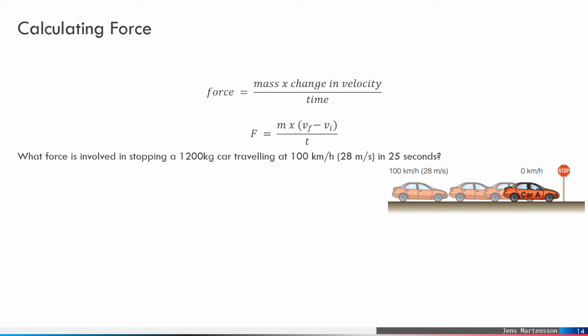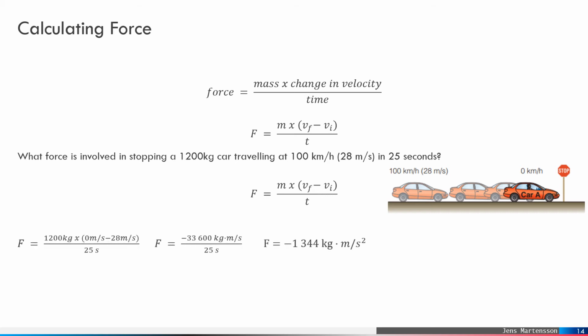We have car A again coming to a gradual stop from going fast all the way down to 0. The change in velocity was 100 kilometers. What was the force involved in stopping a 1,200 kilogram car that was going 100 kilometers an hour in 25 seconds? So let's plug in our units into our formula.